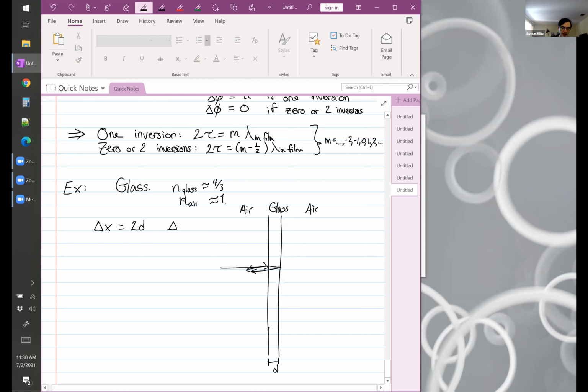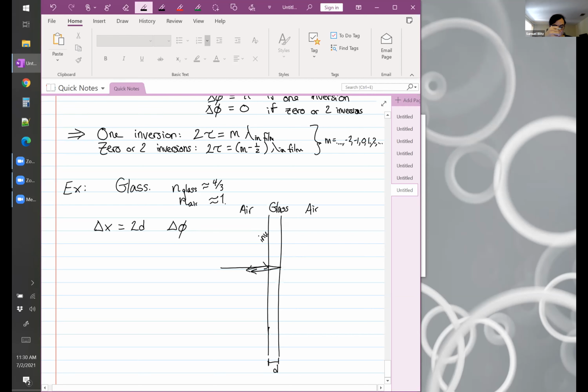Now, what about delta phi? Where are the inversions? Well, we know that when the light goes from air to glass, the index of refraction goes up, which means that the speed through the glass is slower, and so you get an inversion. So the first reflection will have an inversion. What about the second reflection? It just passes through the glass.